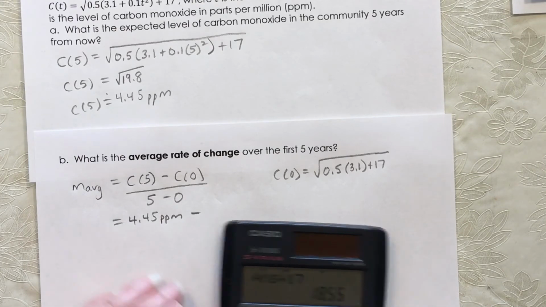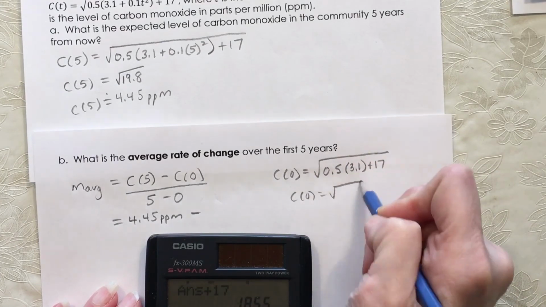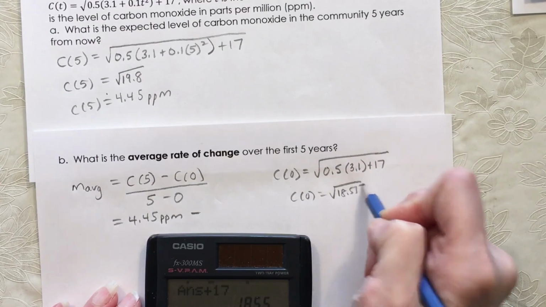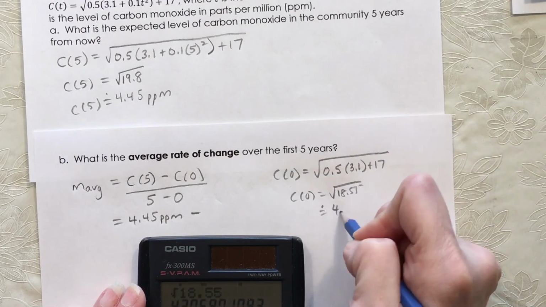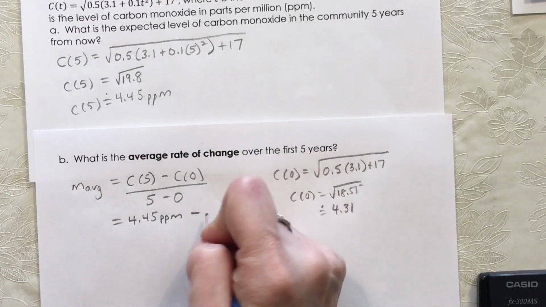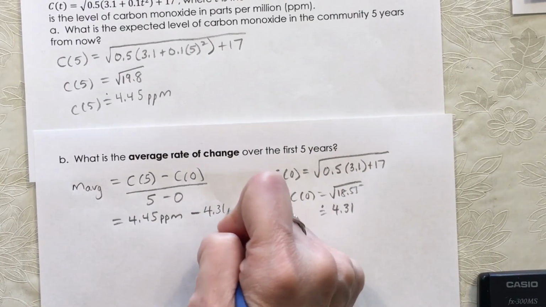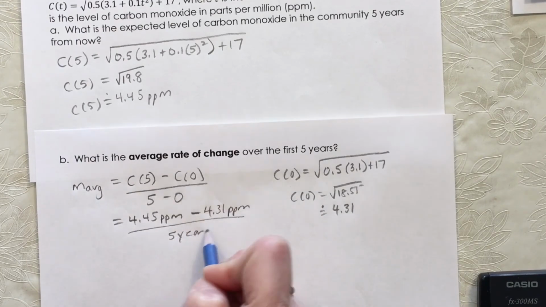So 0.5 times 3.1 plus 17 is 18.55. c at 0 is going to be the square root of 18.55, which is approximately 4.31 parts per million if you round. And this is over 5 years.